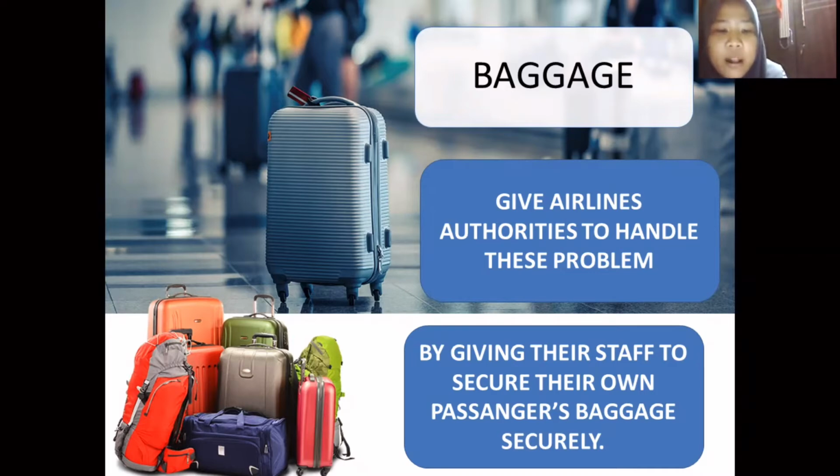For example, when there is a complaint about lost passenger baggage, the passenger must be directed immediately to report to the service office along with paperwork, identity card, and other documents, to be followed up by the airline immediately.